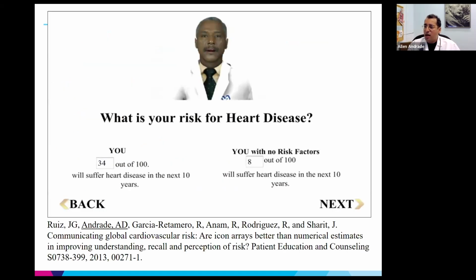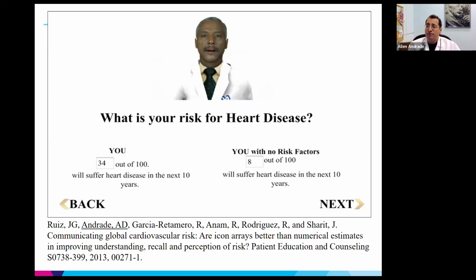This is a study I did with Dr. Ruiz and colleagues, and here we used different forms of communication of cardiovascular risk to a cohort of veterans. And in this, we depicted cardiovascular risk in a graphical interface with an avatar and without an avatar, and essentially we found it was a negative study.